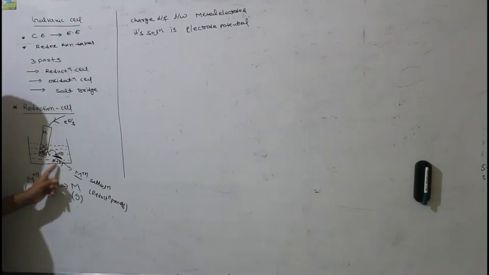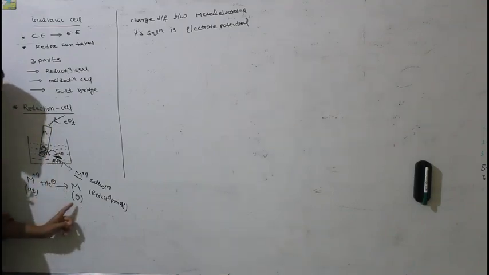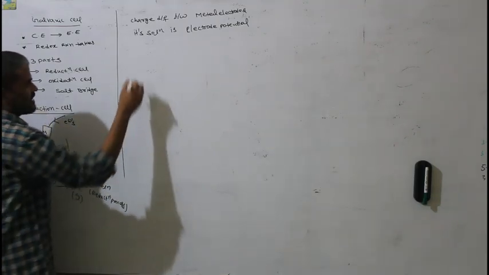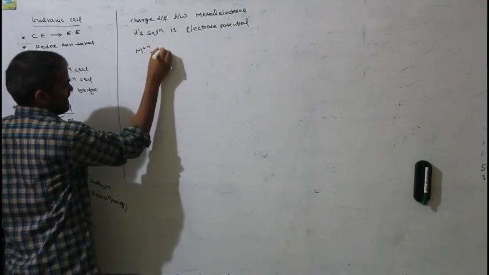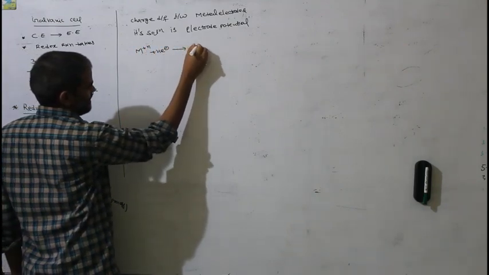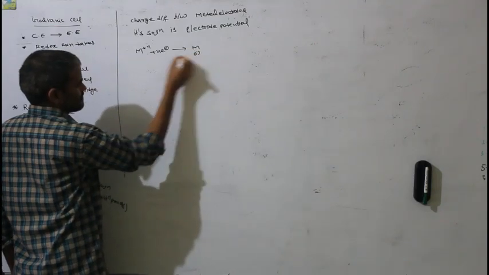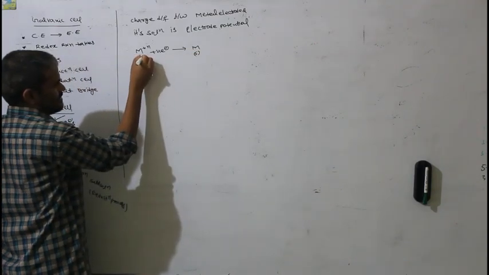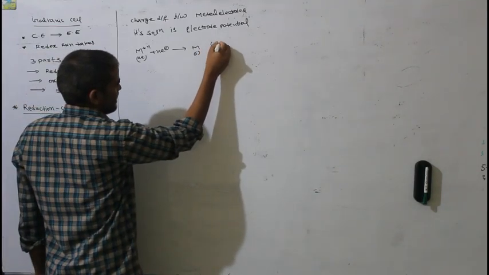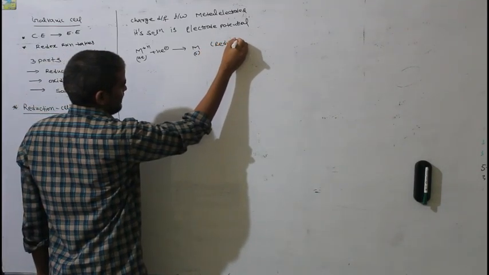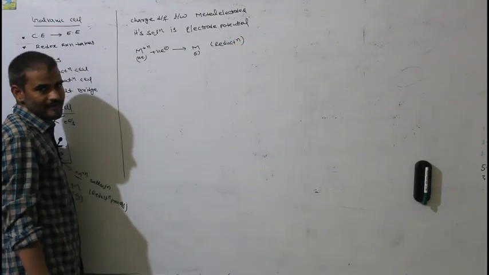This potential difference has come during reduction. During reduction, when M^n+, by accepting an electron, becomes solid M, reduction is happening. Since reduction is happening, it will be called a reduction potential.